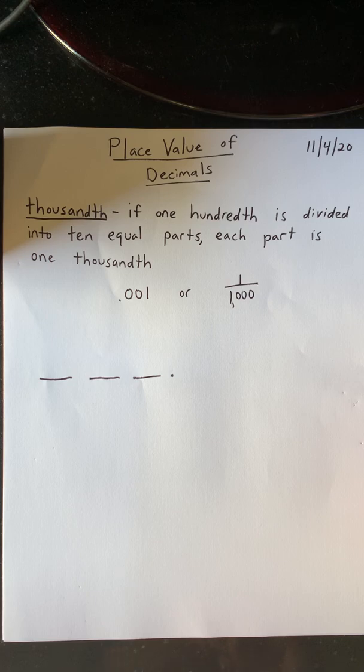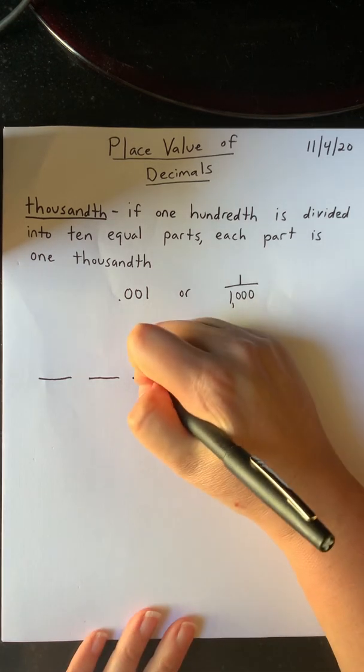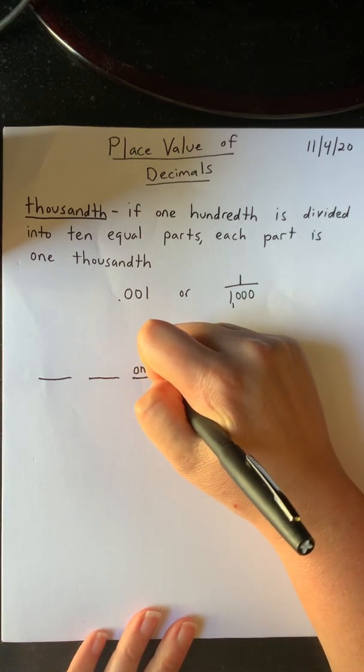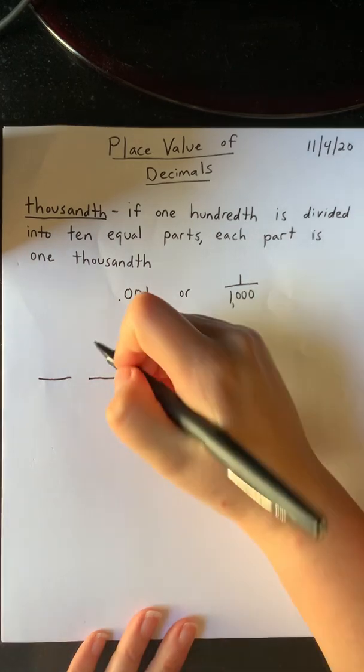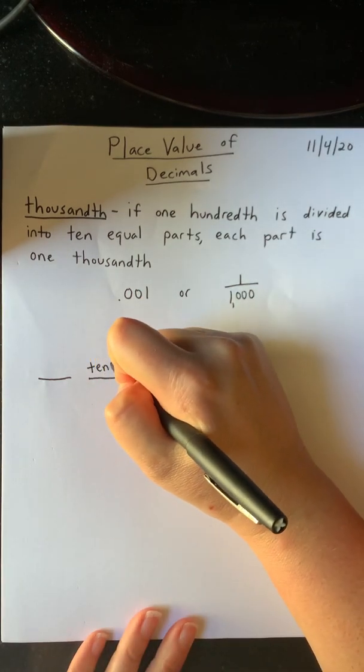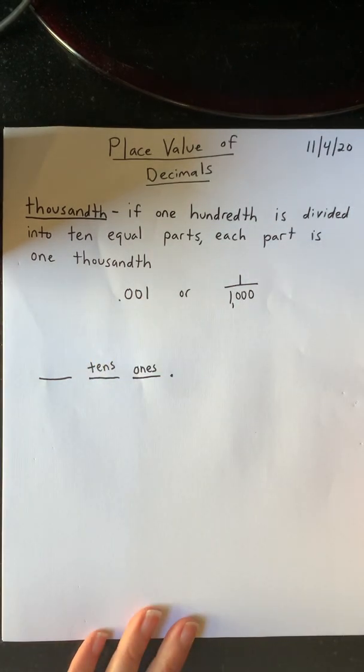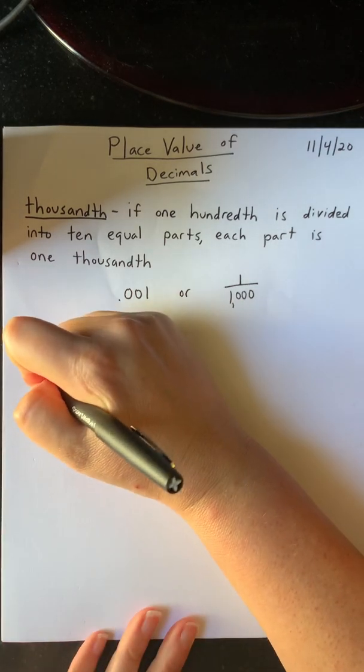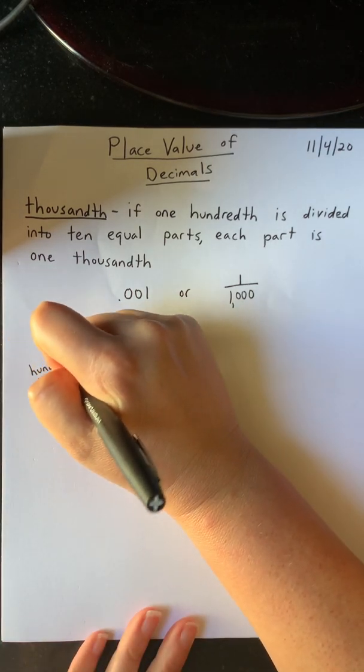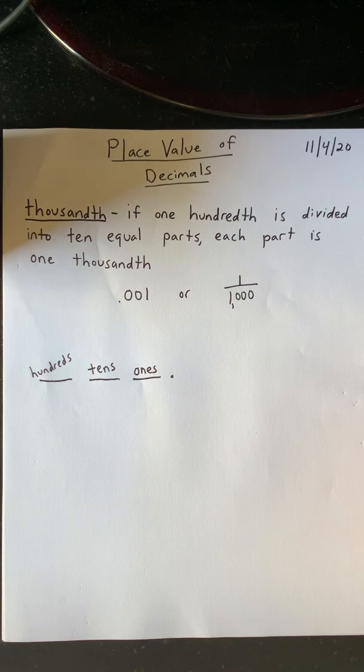So the first spot to the left of the decimal is your ones place. To the left of that is your tens place. And to the left of that is your hundreds place. And if I kept going, it'd be thousands, 10,000s, 100,000s, millions, and so on.